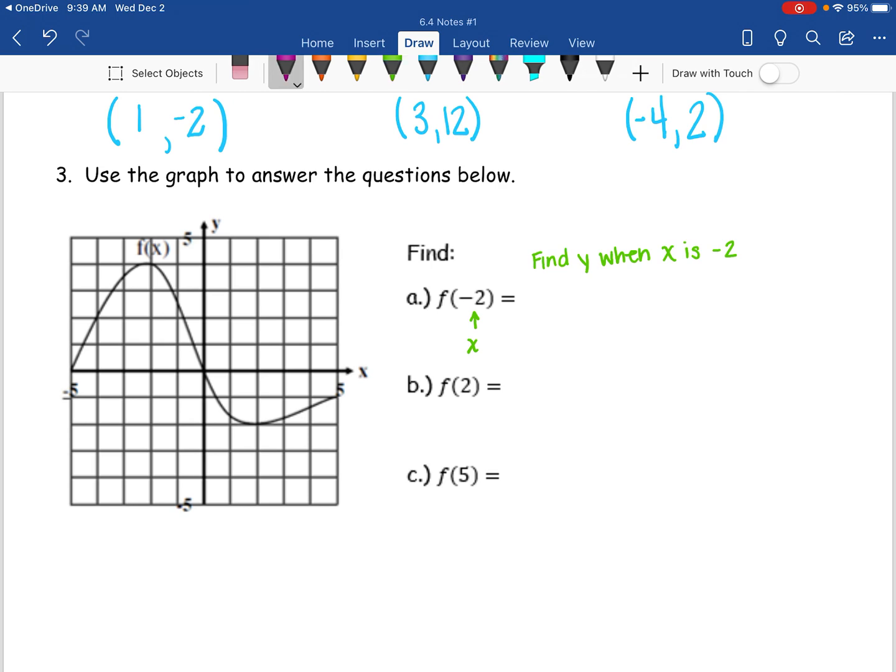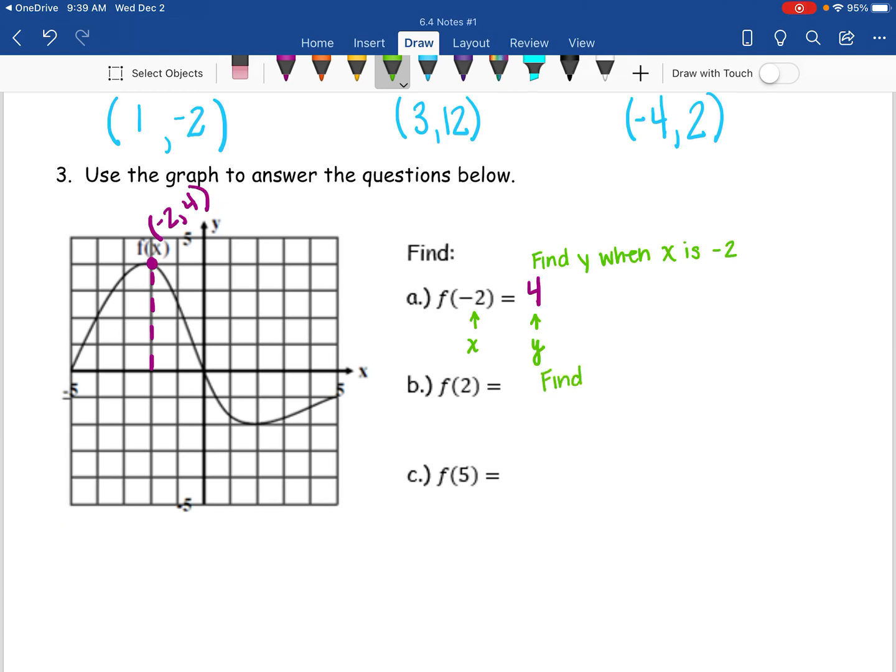So we're going to go to our graph and find where x is -2, and trace it up to the point on the graph. This is the point (-2, 4). So that means that f of -2 equals 4. Find f of 2.